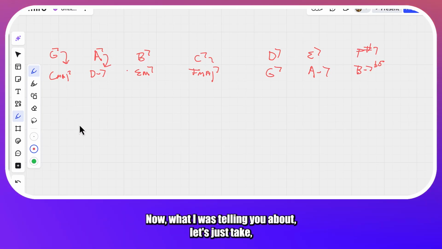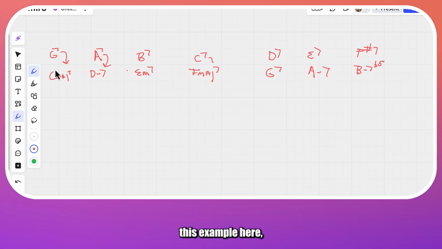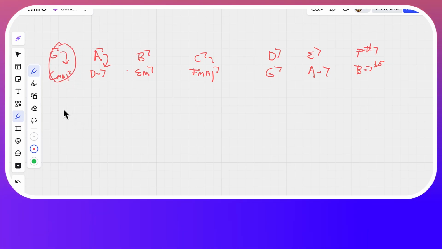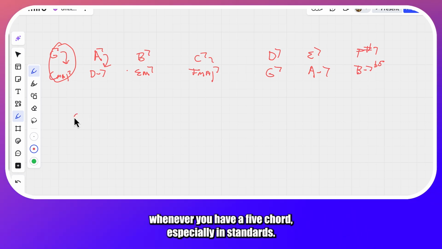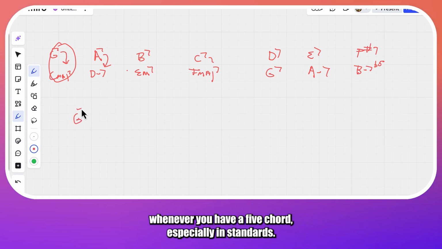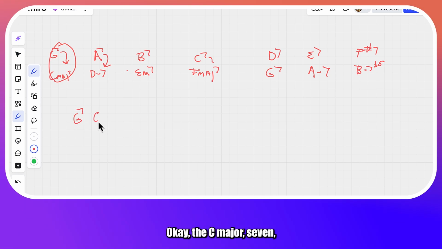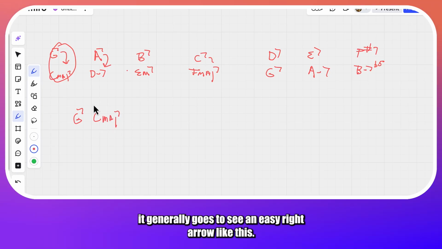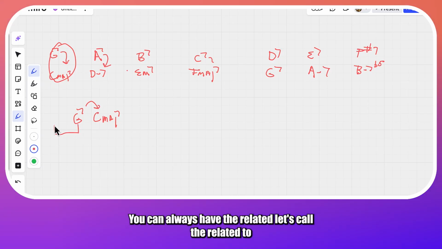Now what I was telling you about, let's just take this example here. This 5-1 relationship, whenever you have a 5 chord, especially in standards, the G7 generally goes to C, and they usually write an arrow like this. You can always have the related 2.